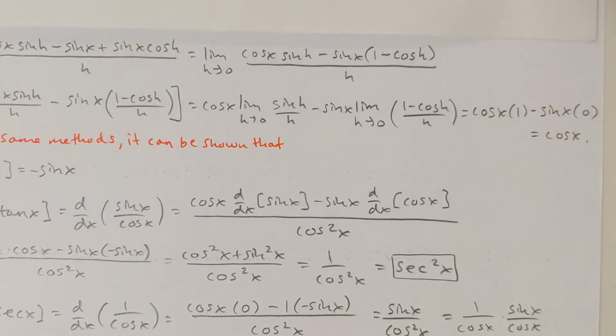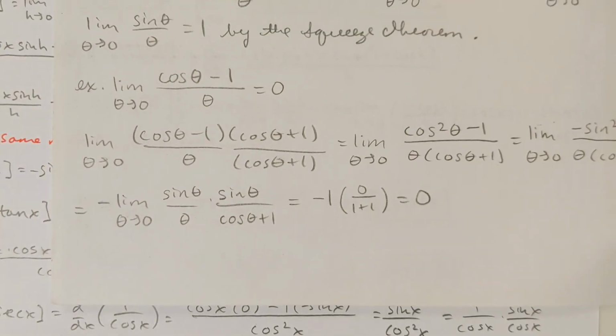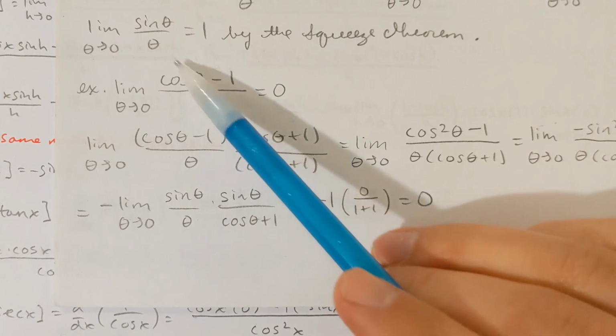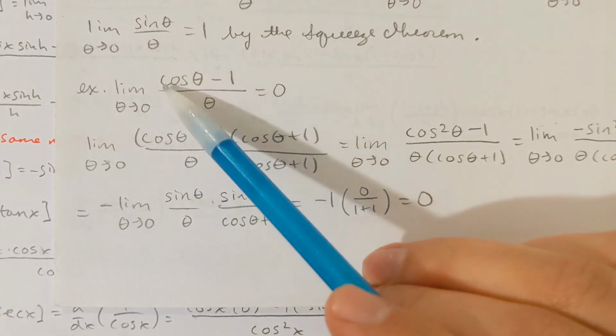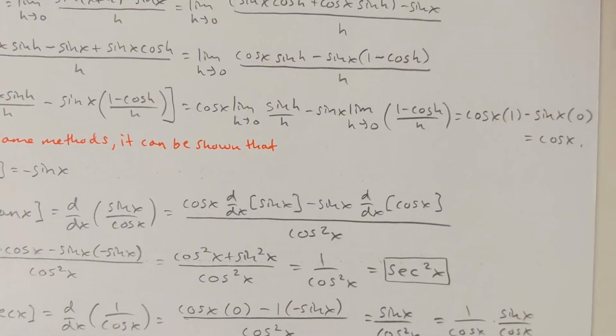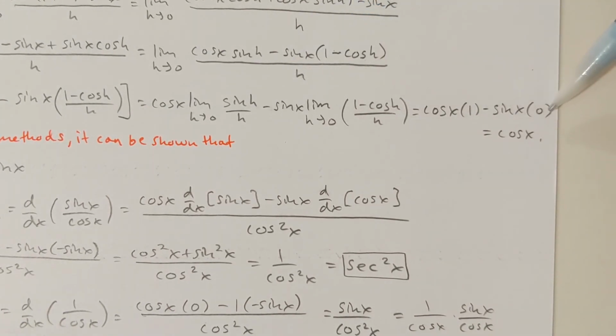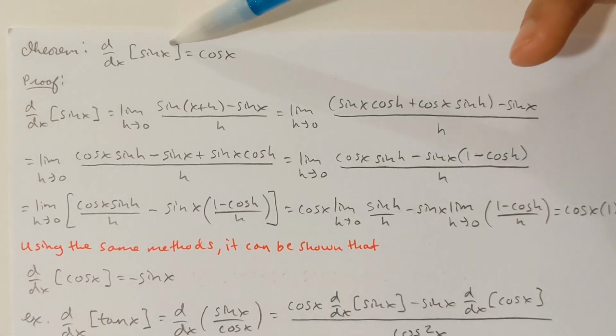That was the limit that we had just seen earlier. Now, I've got the numerator terms switched. Well, there's no problem with that. If I were to factor out a negative sign, I'd be switching the two terms there in the numerator. 0 times negative 1 is still 0. So I'm subtracting sine x times 0, and cosine x minus 0 then would be cosine x. So the derivative of sine x is cosine x.